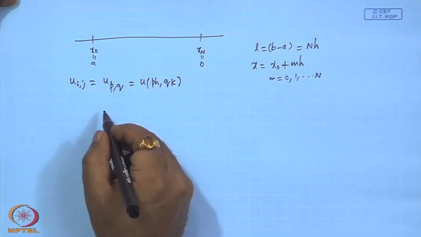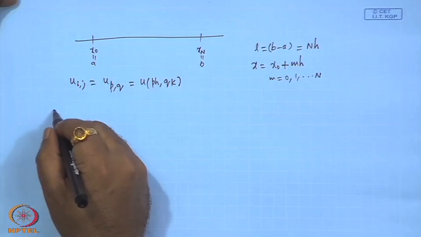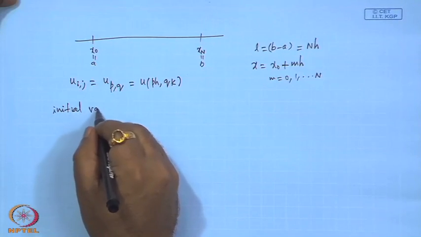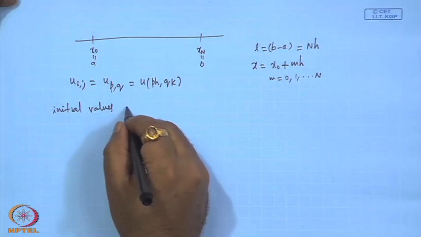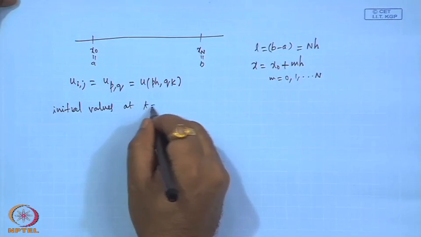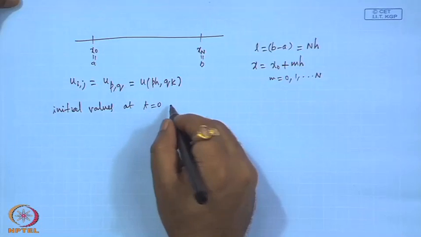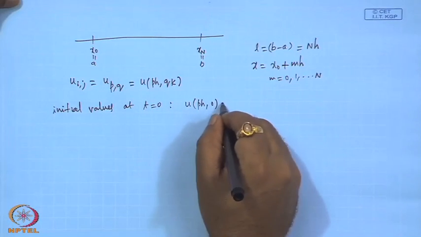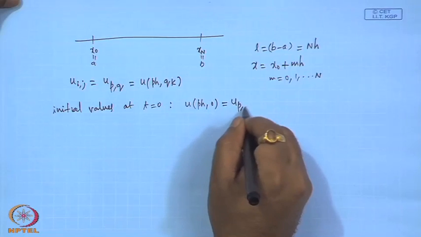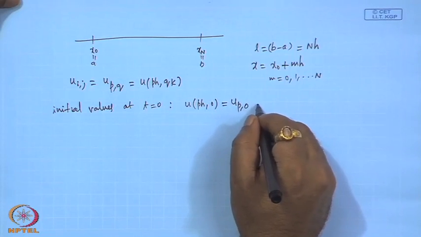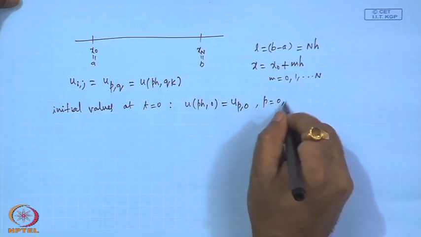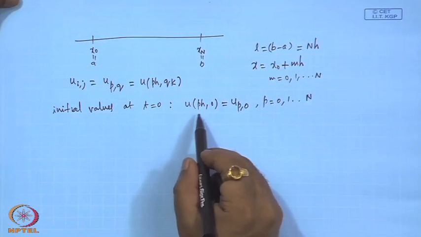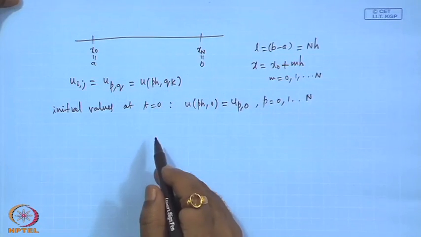Further, the initial values at t equals 0, u of p h, 0, u of p, 0. So, instead of i we have introduced p, and instead of j we have introduced q.